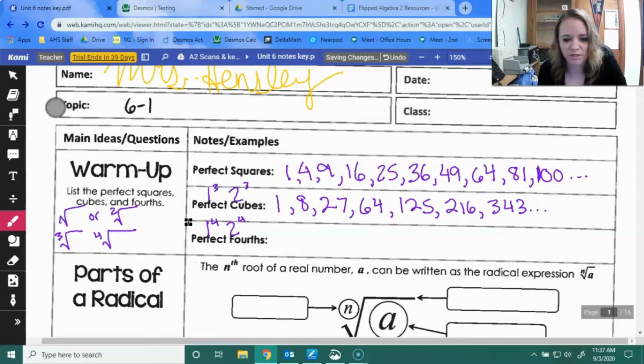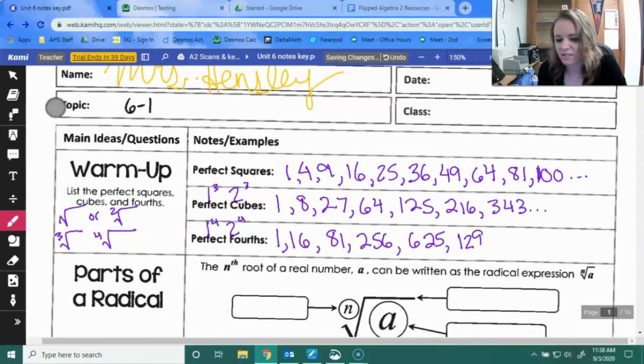So 1 times 1 times 1 times 1, 4 times, 2 times 2 times 2 times 2, 4 times, so that's all we're doing. 1 to the 4th is 1, 2 to the 4th is 16, 3 to the 4th is 81, 4 to the 4th is 256, 5 to the 4th is 625, and then we go to really big numbers, 1296.